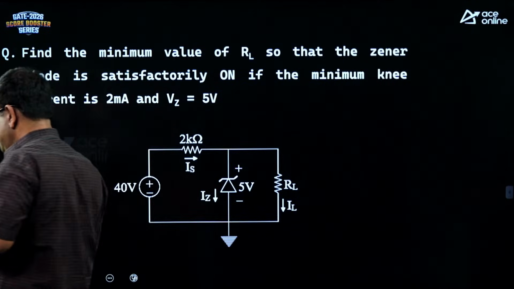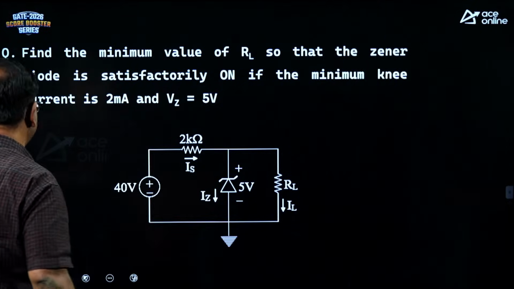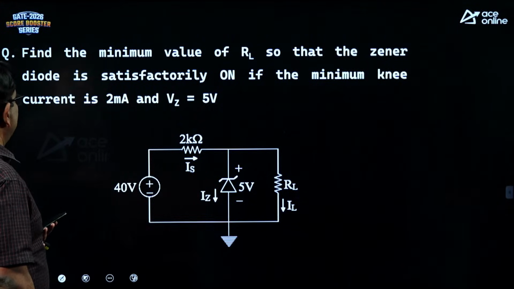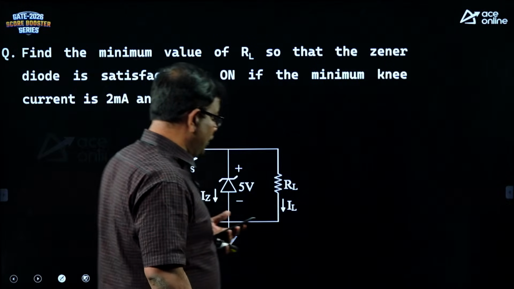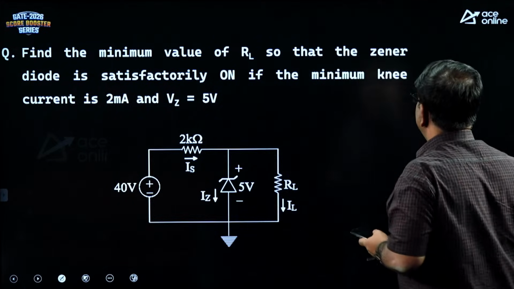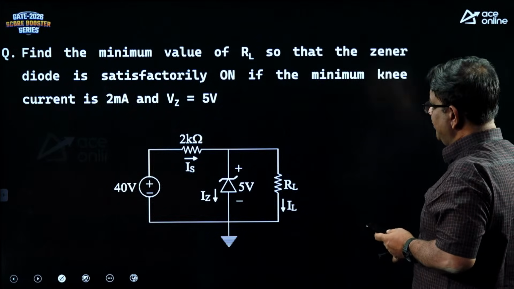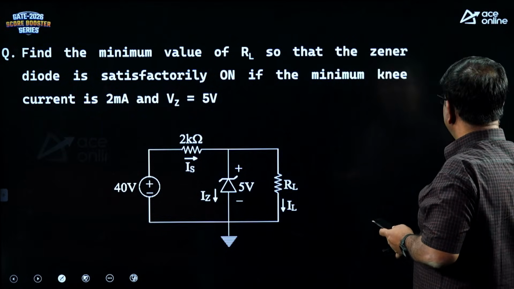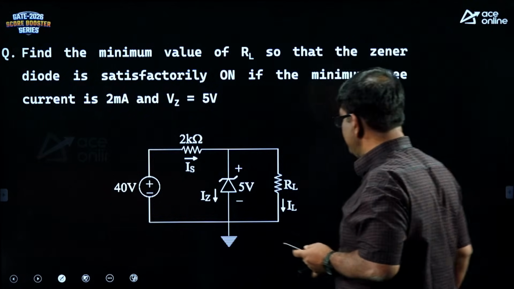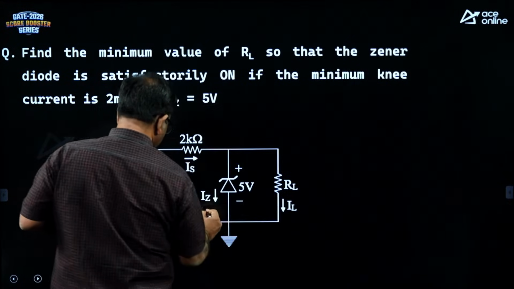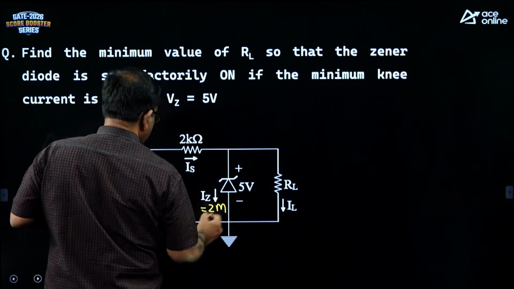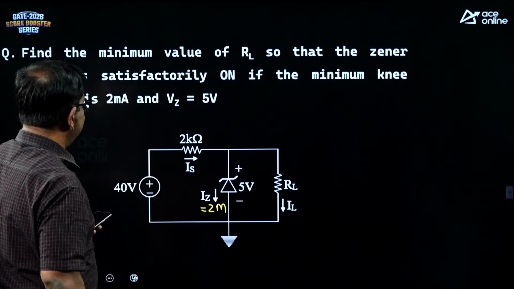Go through the question. Find the minimum value of RL so that the Zener diode is satisfactorily on if the minimum knee current is 2 milliampere and Vz is 5 volts.